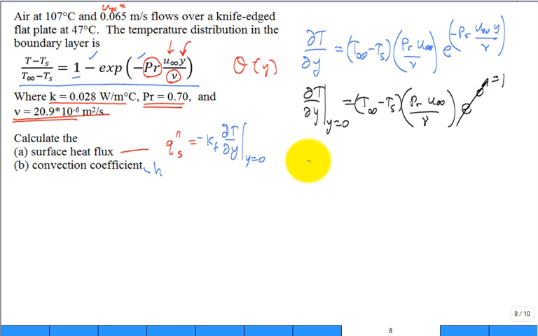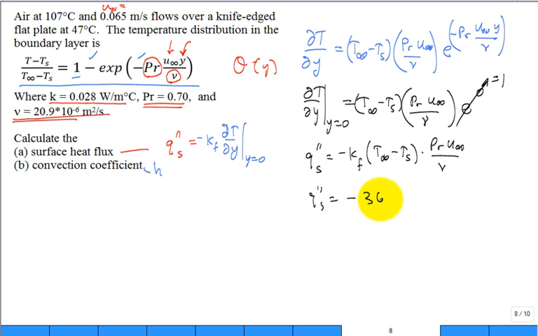So q double prime at the surface is equal to minus thermal conductivity of the fluid times the temperature difference, T infinity minus Ts, times the Prandtl number, u infinity, divided by the kinematic viscosity. So we substitute numbers, and we get q double prime at the surface is a negative 3,660 watts per meter squared.